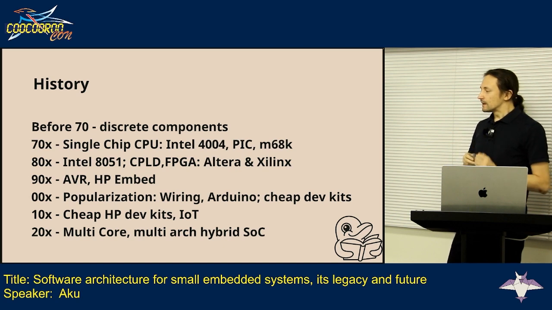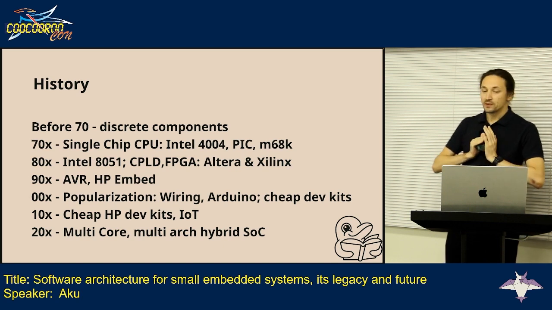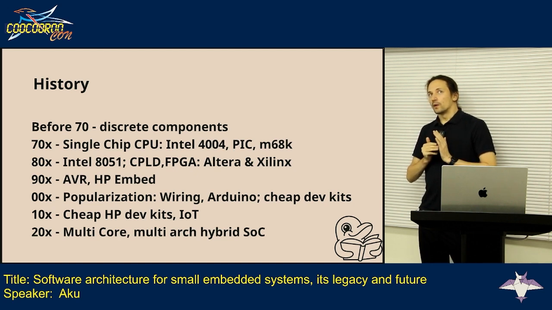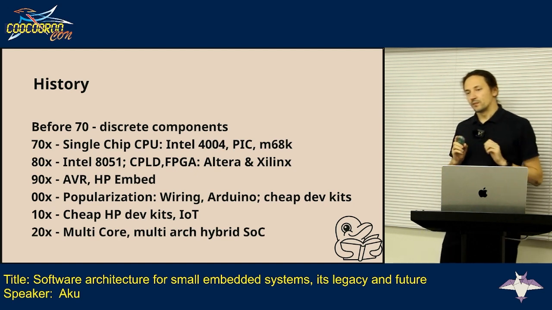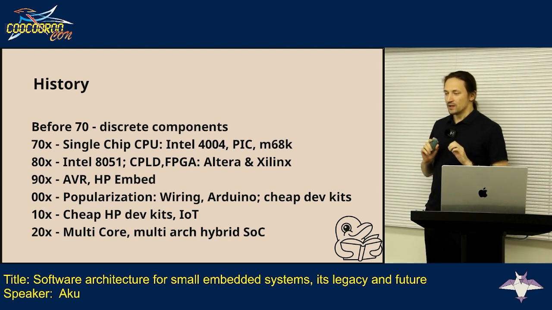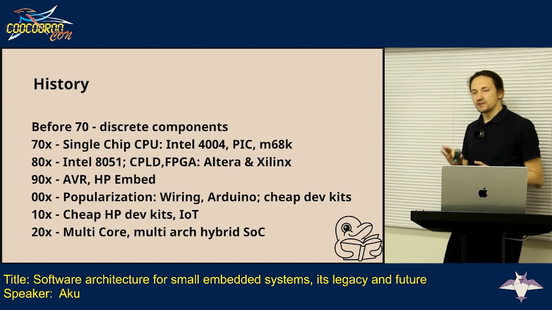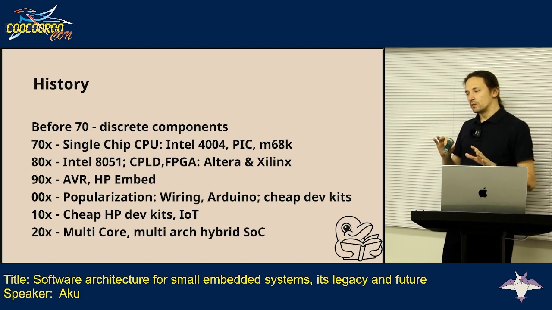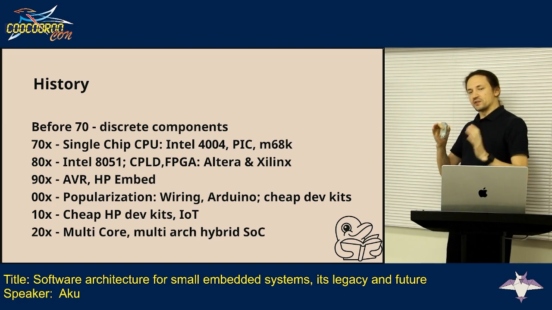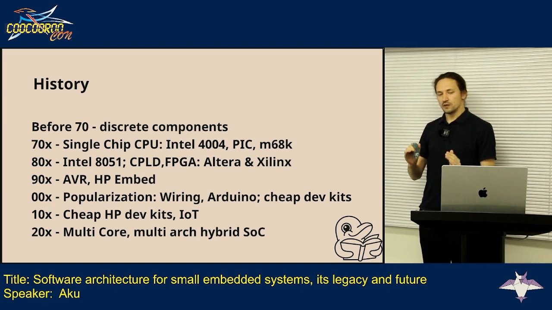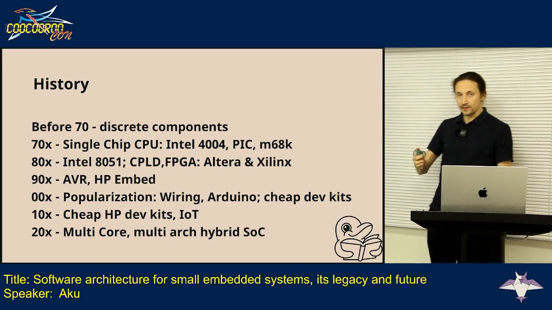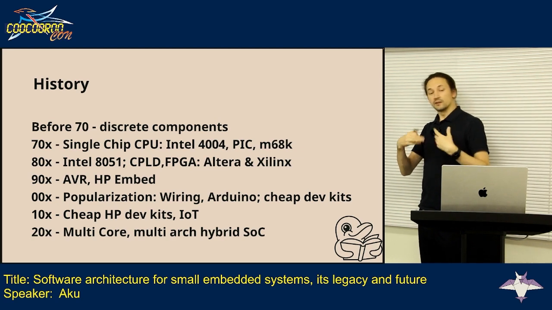And then a couple more interesting things happened back then. So there was an area no one had yet come to. Just imagine that you have some part of the system that you kind of can program, but it just doesn't make sense because this part of the system always performs exactly the same logic, and it doesn't have to be in software, and software is actually slower than having this thing done in hardware.